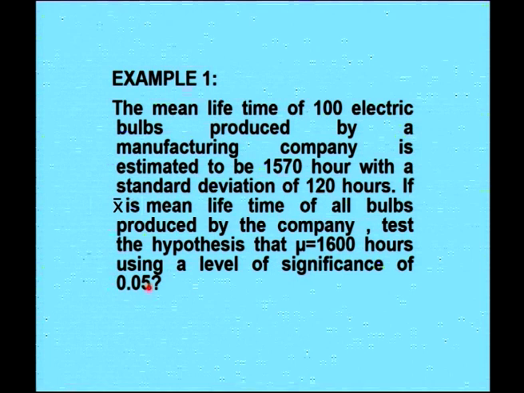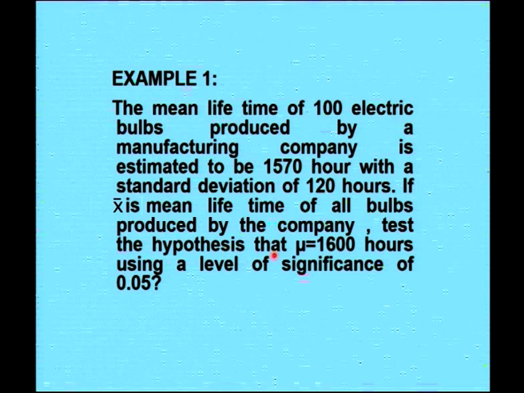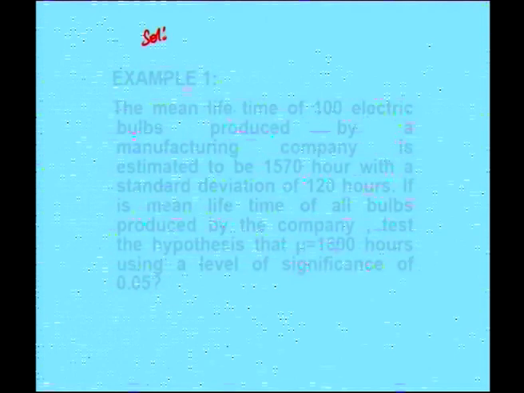So, 0.05 means 5% level of significance. All the values are given in the question, and you are asked to test the hypothesis that mu is equal to 1600 hours. We will go ahead with the solution.